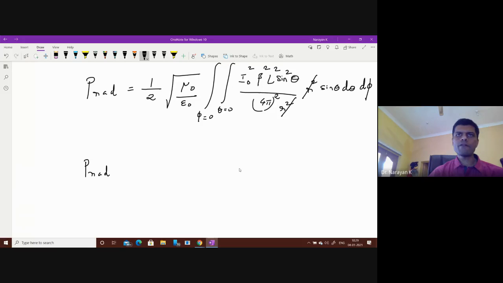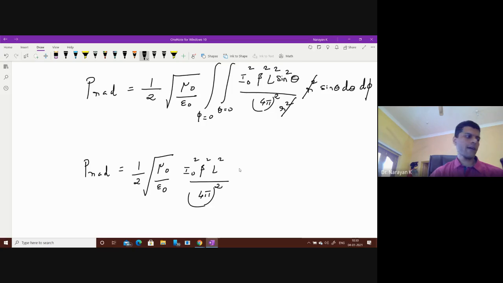So what we will get is power radiated will be half of square root of mu naught by epsilon naught, I naught square beta square L square divided by 4 pi whole square, integration of phi varying from 0 to 2 pi and theta varying from 0 to pi of sine cube theta d theta d phi.